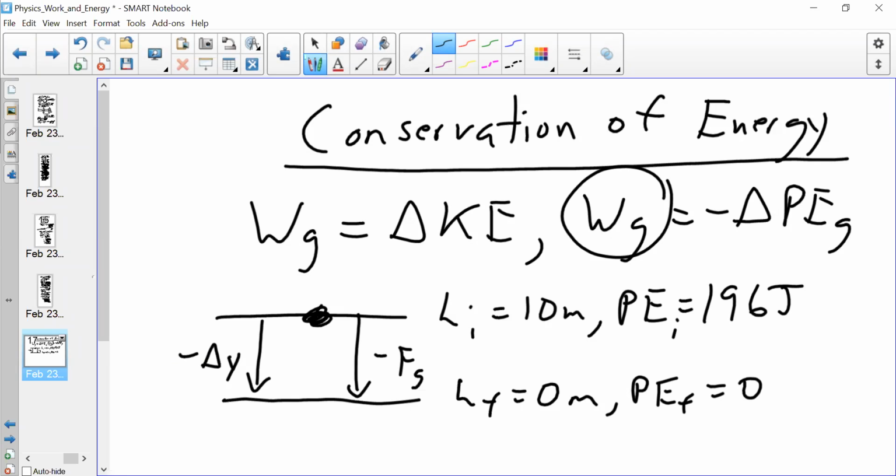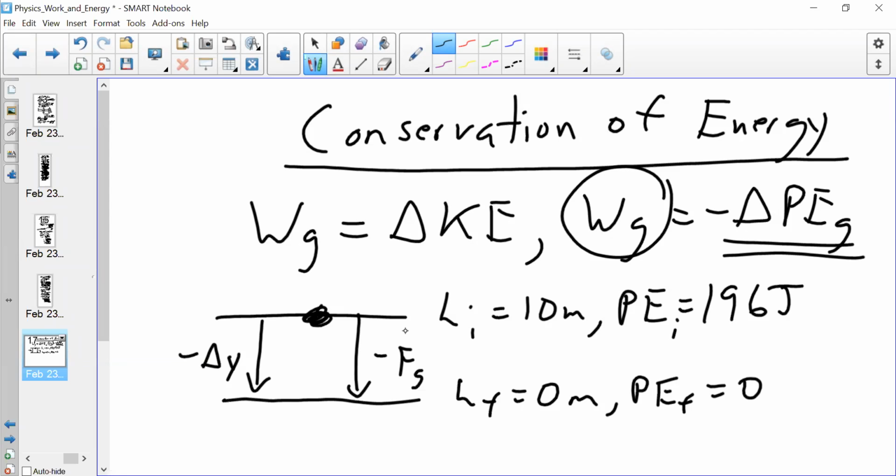So we're losing potential energy as we fall downward. And as gravity does work to cause a loss of potential, we're actually gaining kinetic. That basically means that the object is moving. So it started from rest, and now it's going to be moving between these two points here.